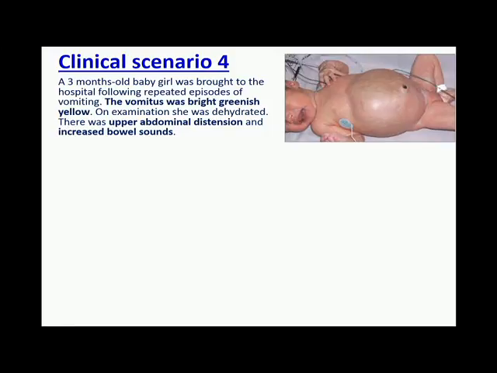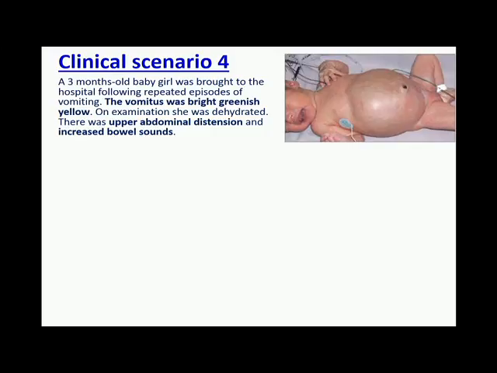What was the diagnosis of the last one? Last week's case? Anyone who went through that case? Don't remember even? There was a case in the lecture notes which I didn't have time to go through. The baby presented with projectile vomiting. Just after feeding, the baby vomits, and that's explosive vomiting.